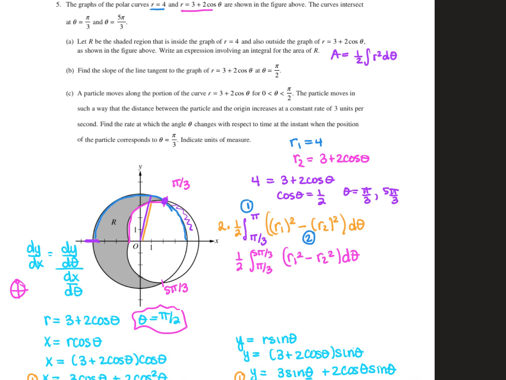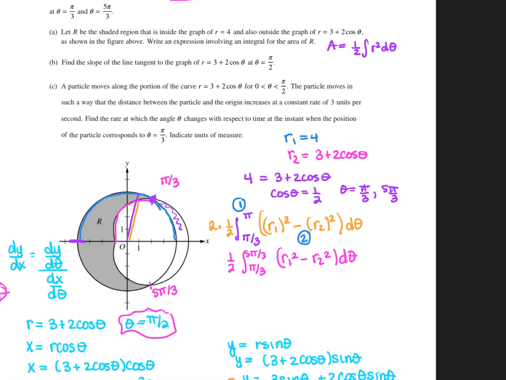Part C. A particle moves along a portion of the cardioid, between 0 and pi halves. The particle moves in such a way that the distance between the particle and the origin increases at a constant rate. Okay, the distance between the particle and the origin is r. So they're telling me dr/dt is increasing by 3 units per second.